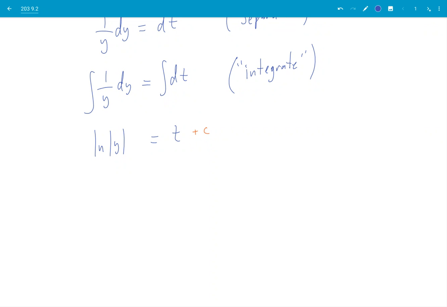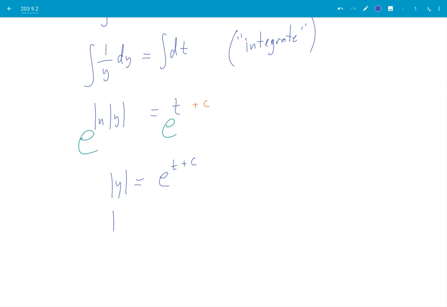So I have to put an e. Let's go green. I put an e here. I put an e there. And I get absolute value of y is equal to e to the t plus c.